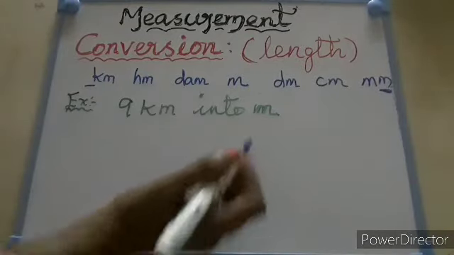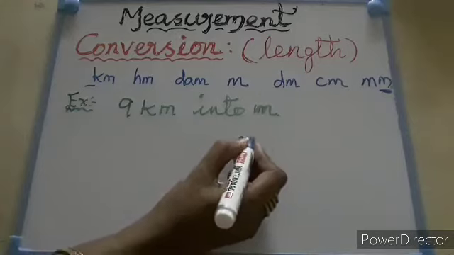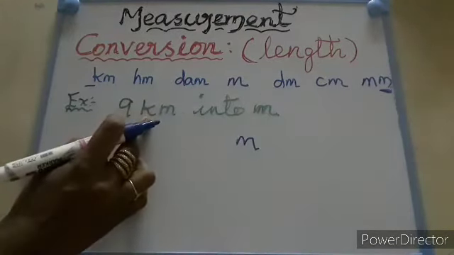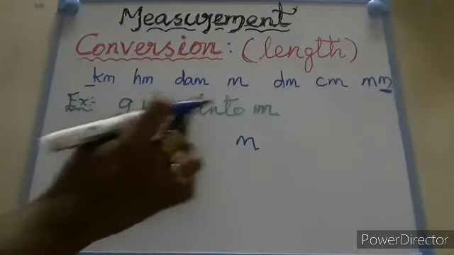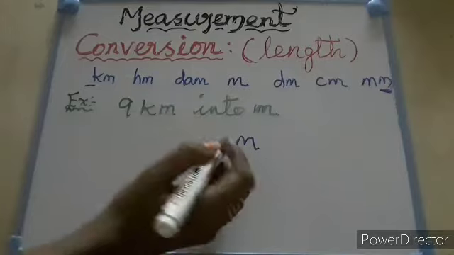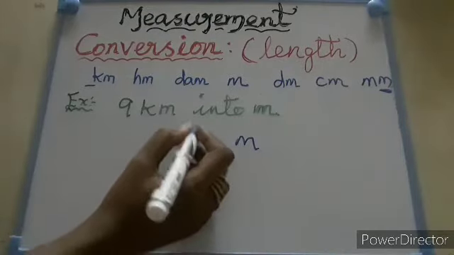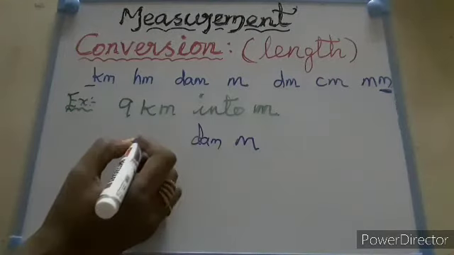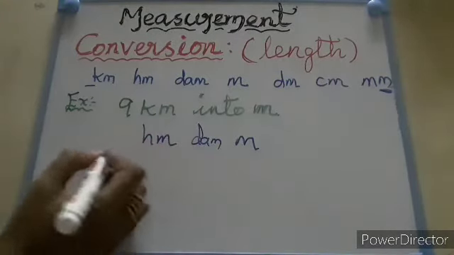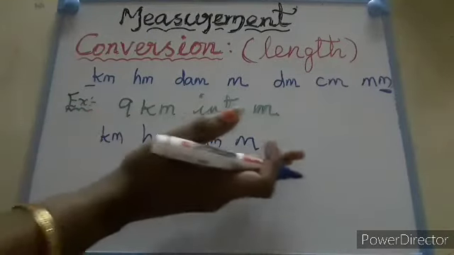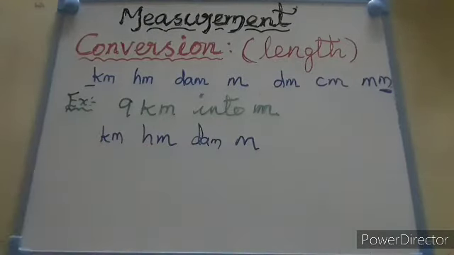They are asking kilometer to meter, so you have to write the units: meter, then decameter, then hectometer, after that kilometer. These are the units between meter and kilometer, right?